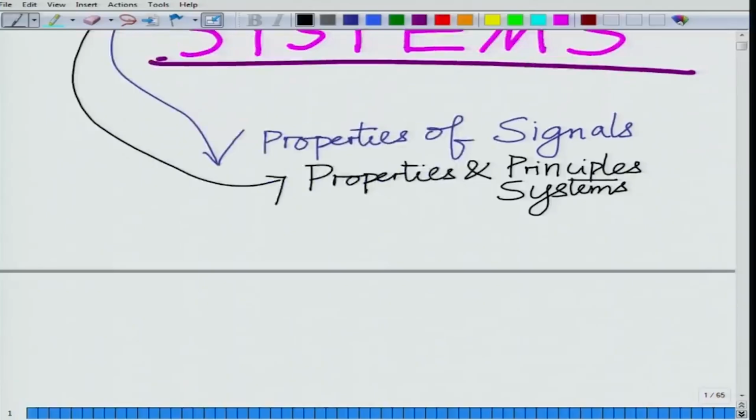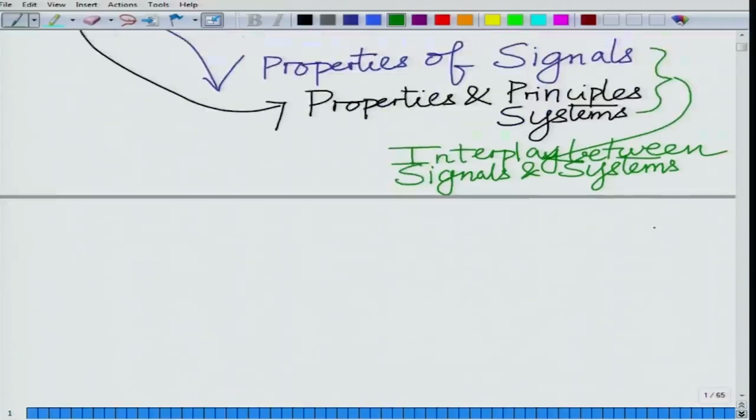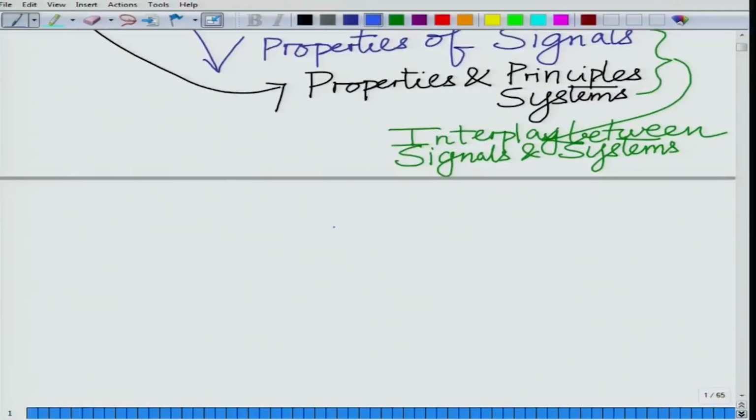All right, and more importantly, we are interested in this interplay between signals and systems. That is the important part, not just a signal and system in isolation, but the interplay between signals and systems.